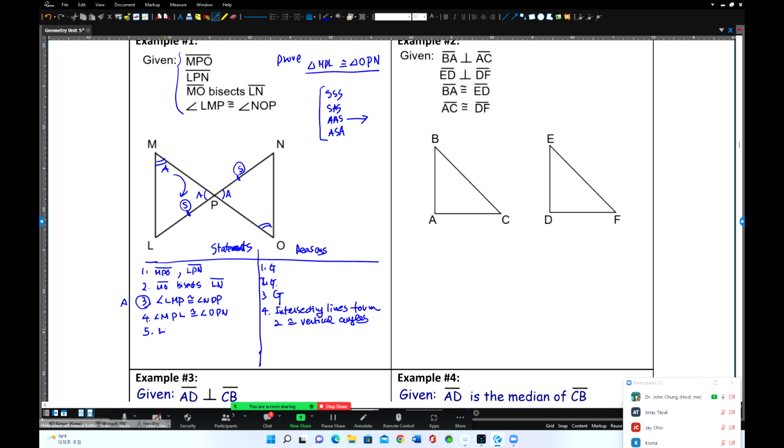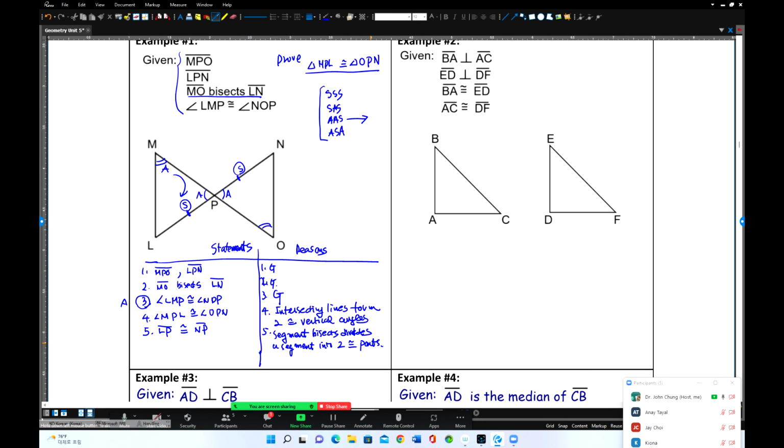We know that this one equals NP, right? What's the reason? Because there's a bisect. Segment bisect divides a segment into two congruent parts or halves.